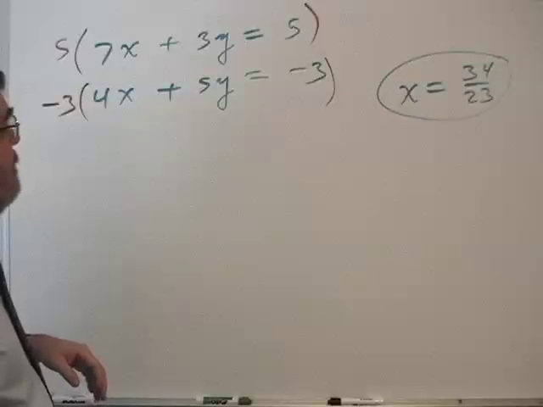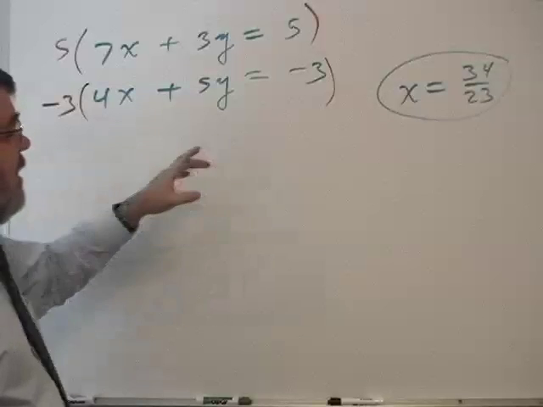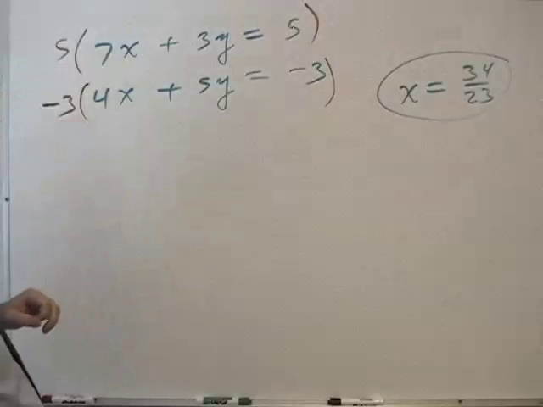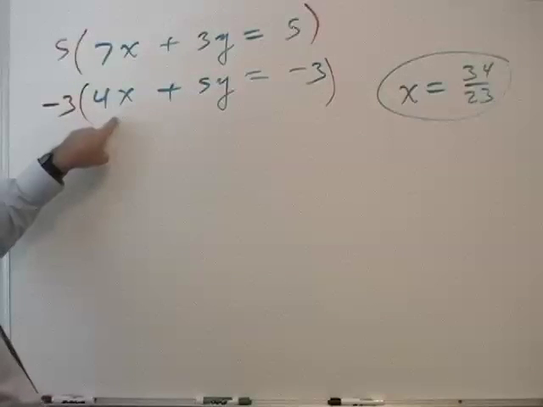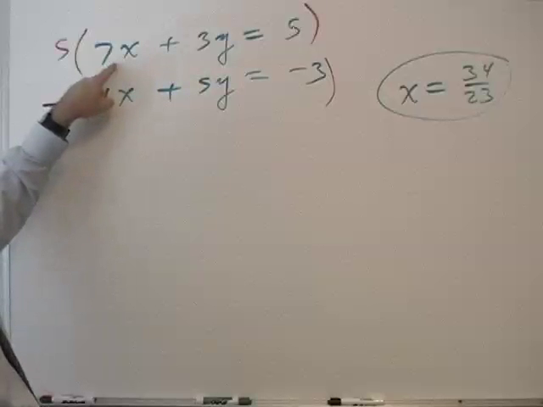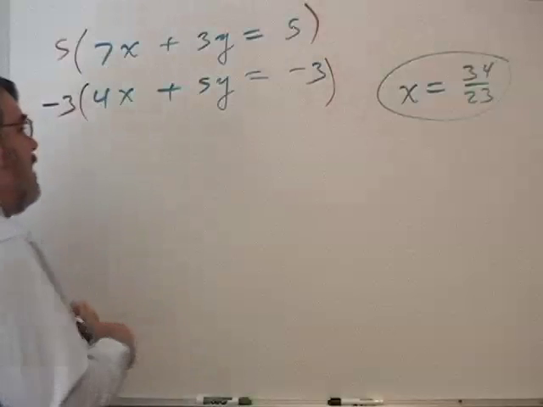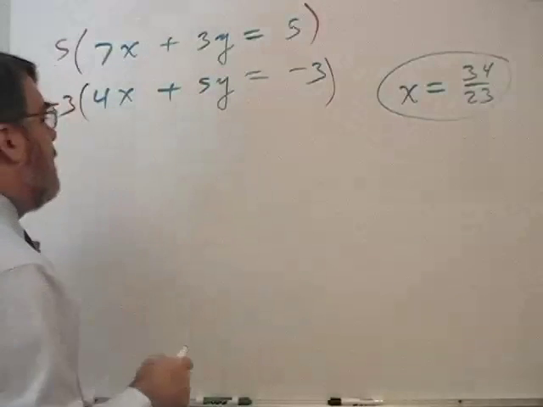All right, I'm going to take x and replace it into one of these equations and solve for y. I'm going to use the second equation yet again because the first has a bigger coefficient, 7, and that has only 4. So I'm going to replace x into the second equation.